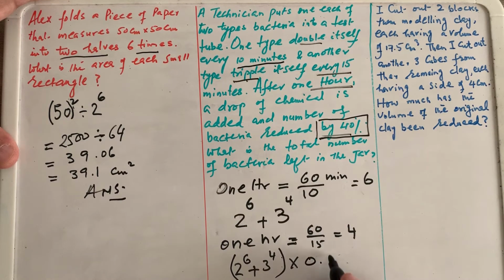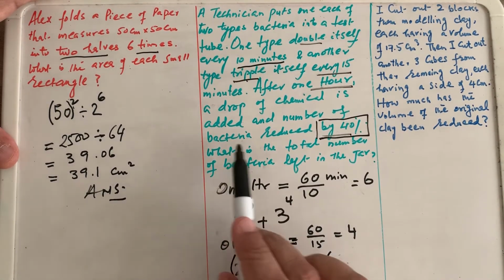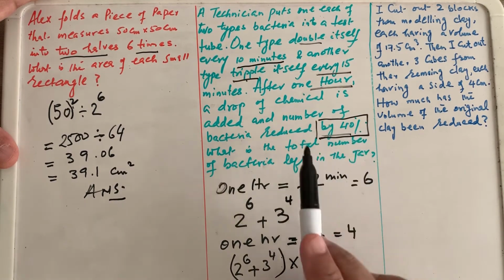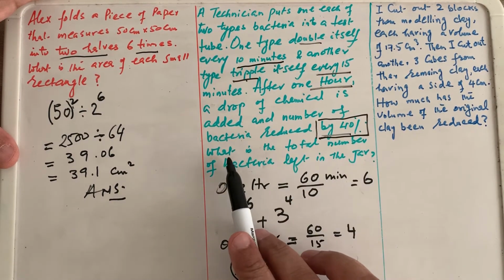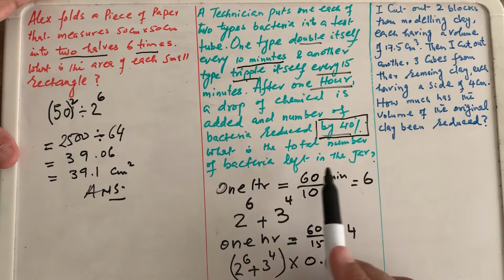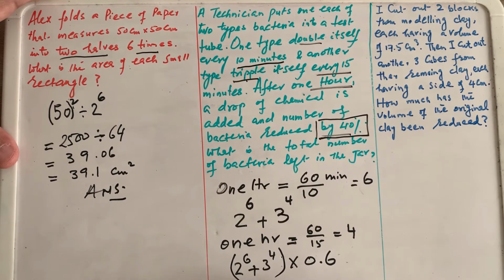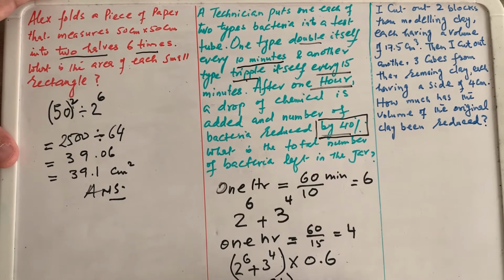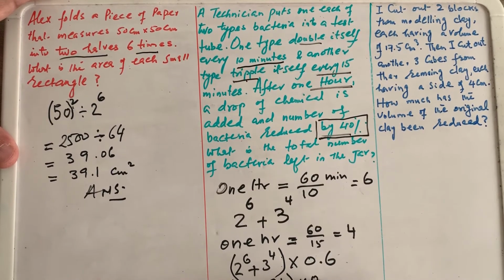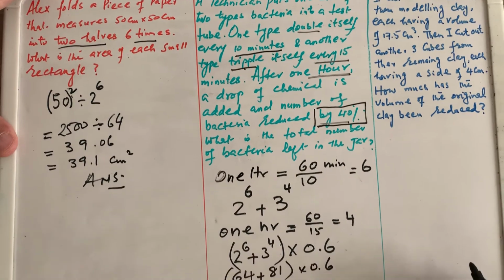If you understand this, I can revise what I said. So bacteria reduced by 40% means what he is finding, what is the total number of bacteria left in the jar? Left in the jar is 60%, right? So 2 to the power 6 is 64, plus 3 to the power 4 is 81, times 0.6, right?